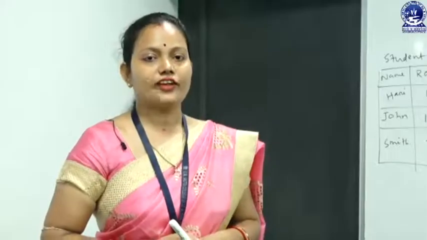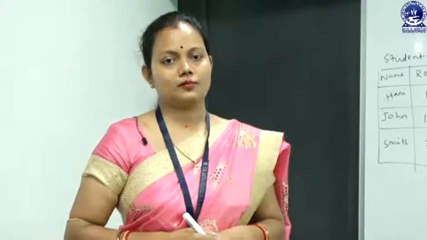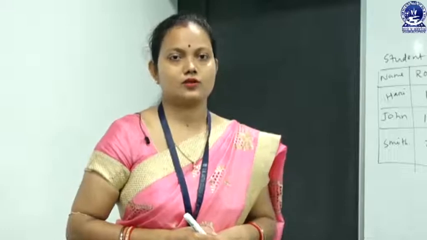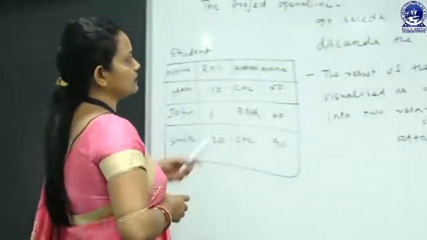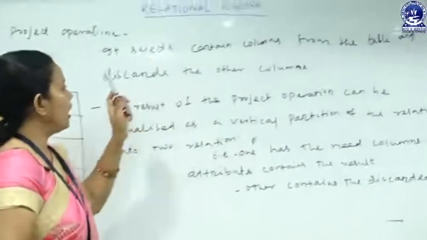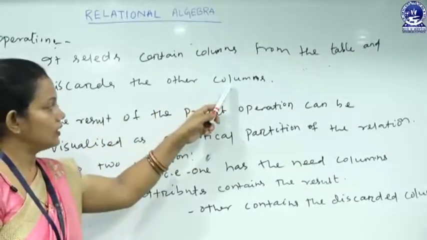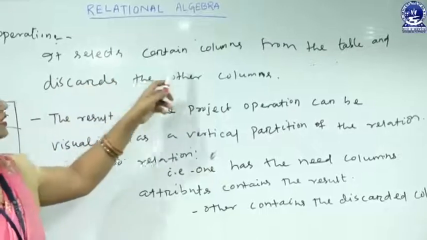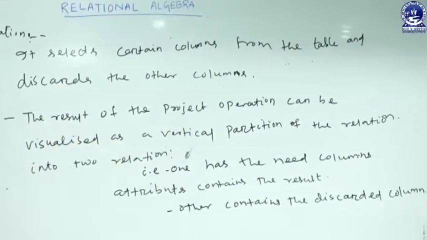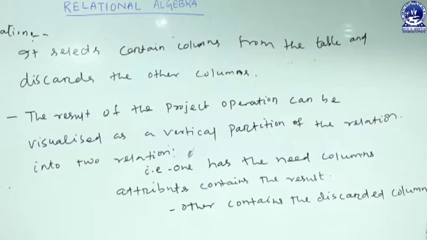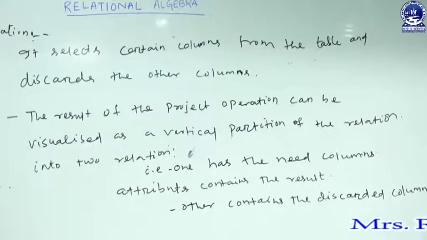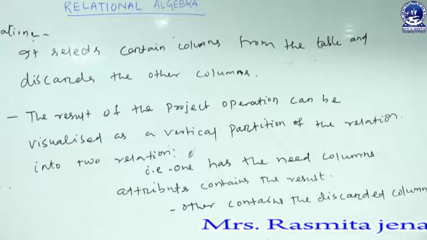Let us see the next basic relational algebra operation, that is the project operation. So what is the project operation? It selects certain columns from the table and discards the other columns. That means those attributes given to retrieve are selected from the relation and the rest are discarded.